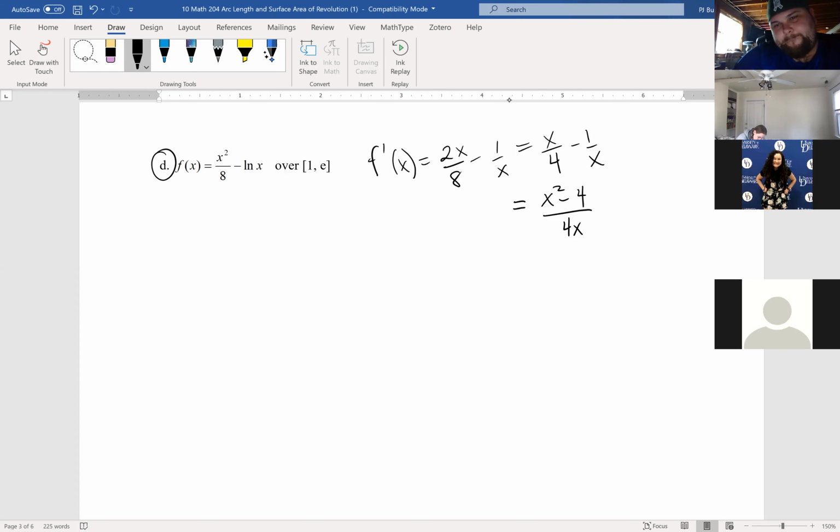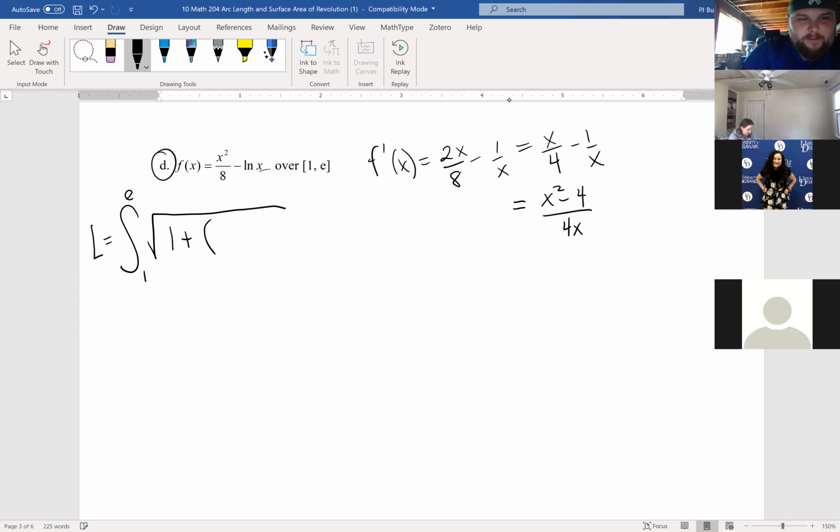Okay. And I could factor the top, but it's not going to be the same factor, so it's probably not the best choice, but let's see. So arc length, integral, we have our bounds given to us, 1 to e, square root, 1 plus f prime quantity squared.